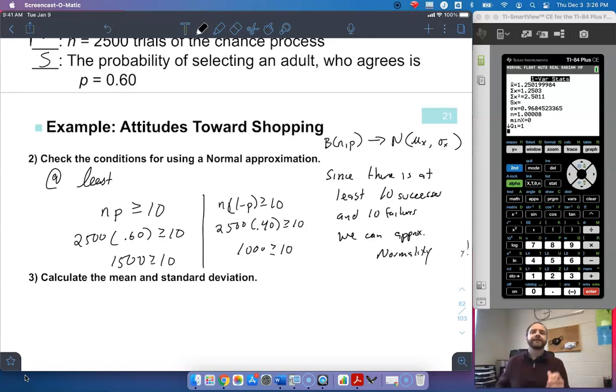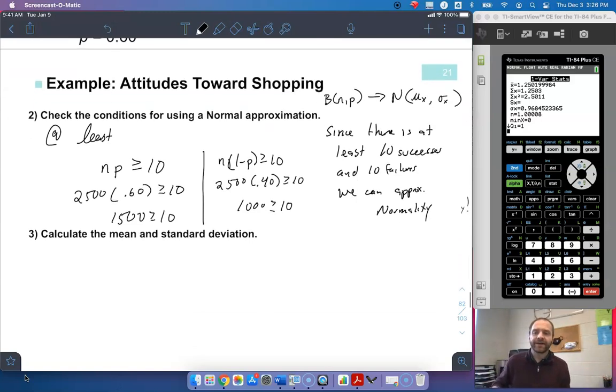It's that whole idea of you better state it. Yes, congratulations, you showed there was 10 successes and 10 failures. But what does that mean? It means you can approximate normality. Now calculate the mean and standard deviation.